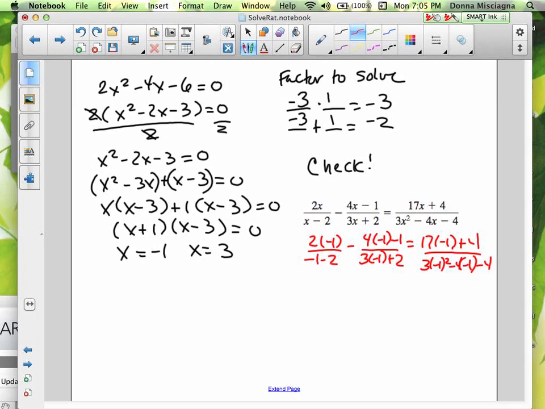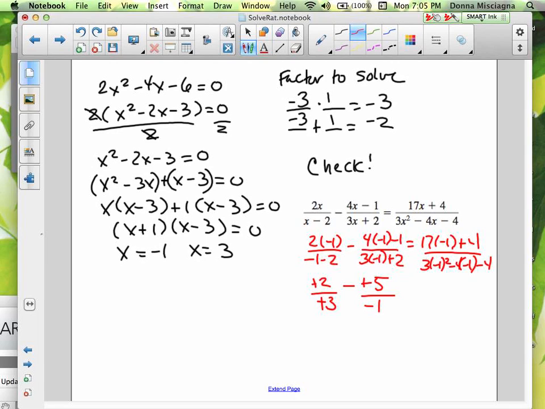So that 2 times -1 is a -2. -1 minus 2 is a -3. That's going to make that a positive 2/3, minus -4 minus 1, which is going to be a -5. I hope you don't mind, I just skipped a step in terms of writing it. And then we have a 3 times a -1 is a -3, plus 2. -3 plus 2 is going to give us a -1.